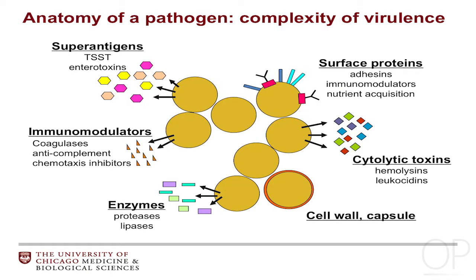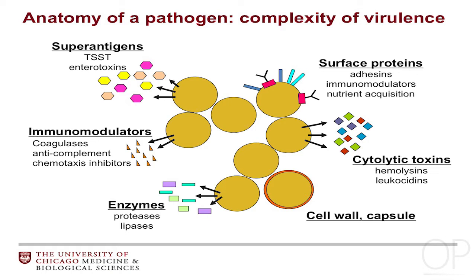So just to take a look from a broader viewpoint at how a pathogen causes disease, it's important to understand the complexity of virulence. So Staph aureus in this slide is depicted as the yellow circles. And what's demonstrated around the staphylococci are a number of different types of virulence factors that many organisms generate.